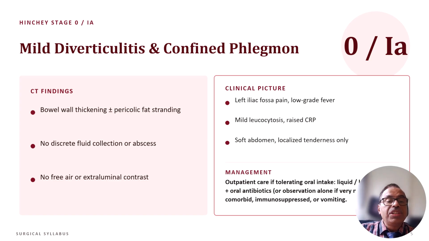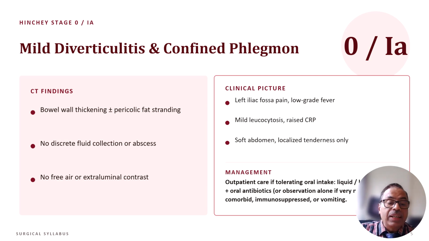So coming to Hinchey's stage 0 and 1A, which is just a mild diverticulitis and confined phlegmon or confined inflammation with no evidence of collection. Here, what are the key CT findings we have already seen? There would be bowel wall thickening. There may or may not be pericolic fat stranding.